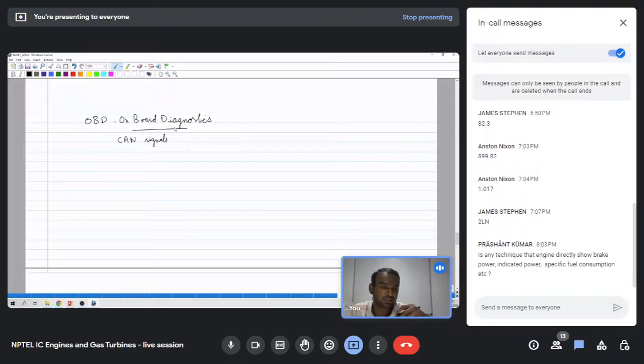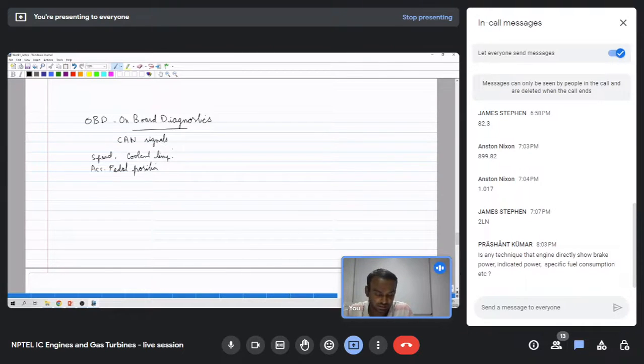Through CAN signals it will read what the ECU has measured or calculated, some basic parameters like engine speed, engine coolant temperature, acceleration pedal position, and so on.